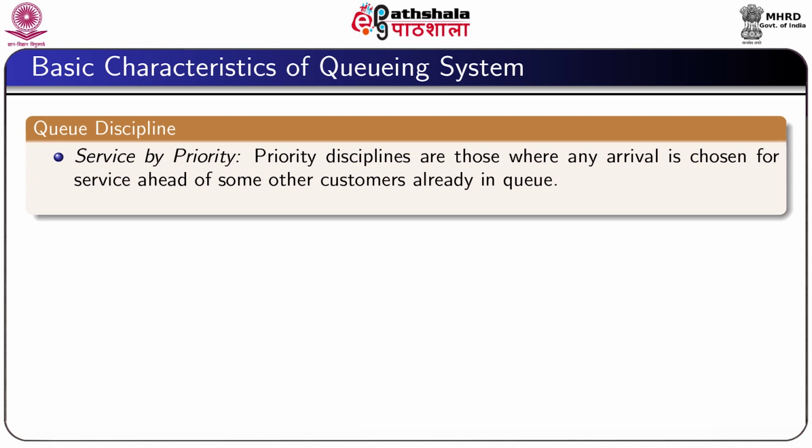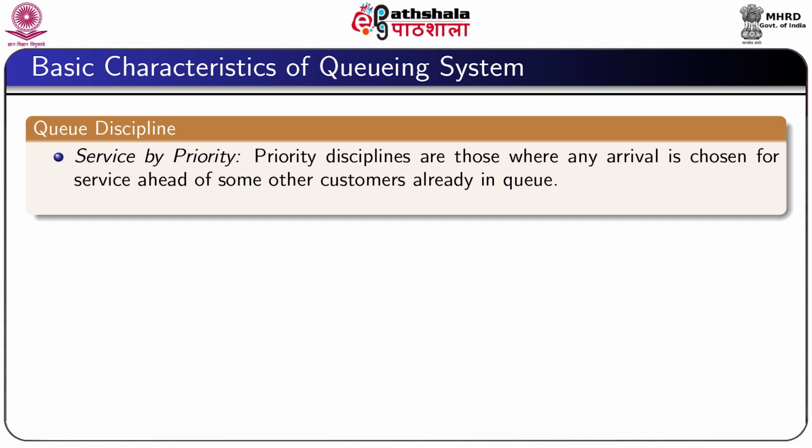Service by priority. Priority disciplines are those where any arrival is chosen for service ahead of some other customers already in the queue. For example, in a doctor's chamber, when the doctor is treating a patient with stomach pain, suddenly a patient with a heart stroke enters.